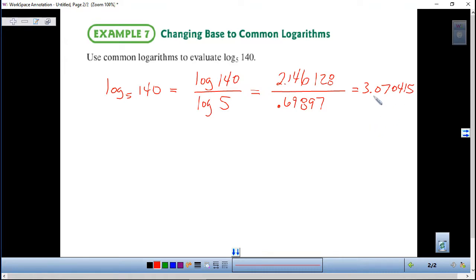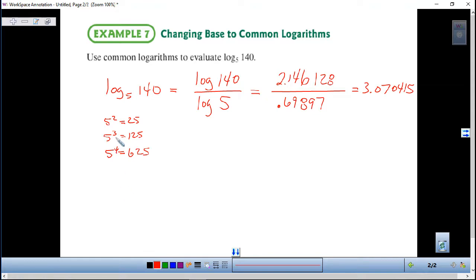Now, typically, you're only going to have to go to about 3 decimal places on these. And remember, what is this we've actually found? We're asking what power would I raise 5 to get 140? Well, we know that 5 squared is 25, 5 to the 3rd power is 125, and 5 to the 4th power is 625.